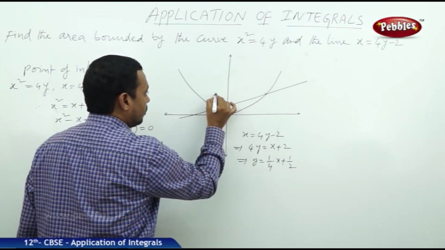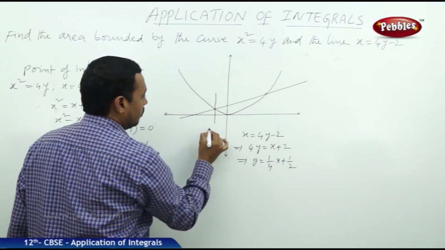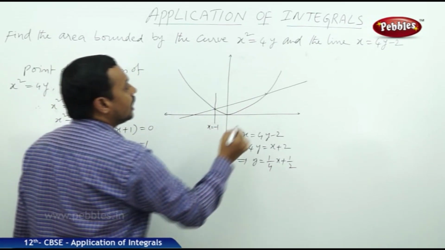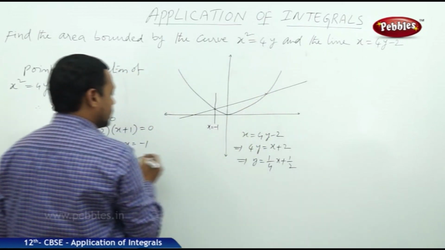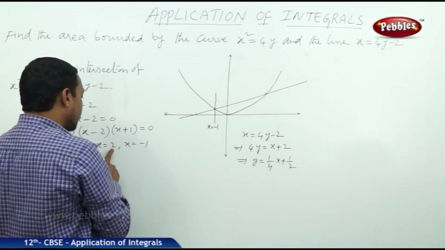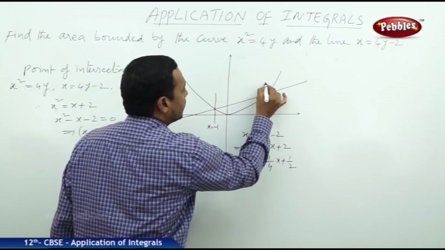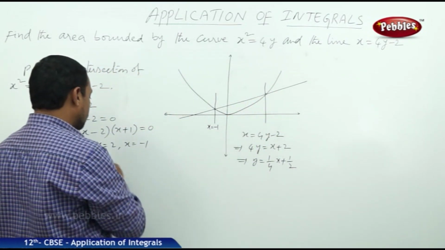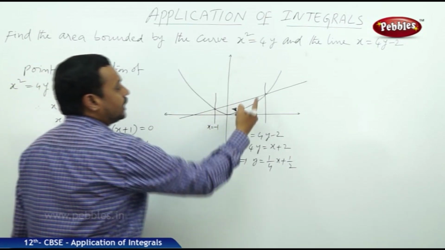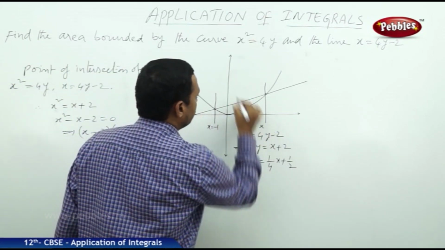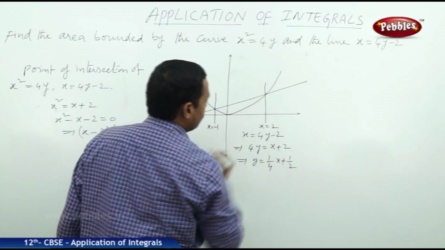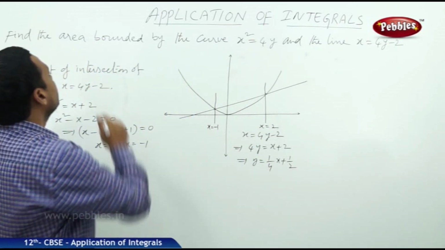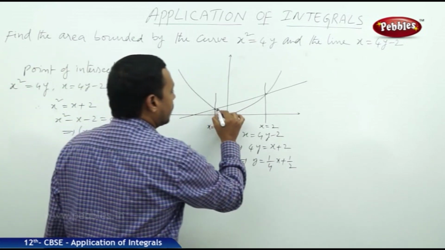Now let us take one line parallel to the y-axis, that is x is equal to minus 1, and the second point of intersection is at ordinate 2. So let us take one more straight line passing through that point of intersection parallel to the y-axis, x is equal to 2. Now the question is, what is the area bounded by the curve?